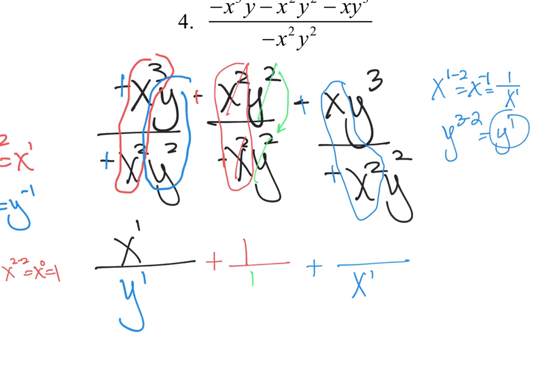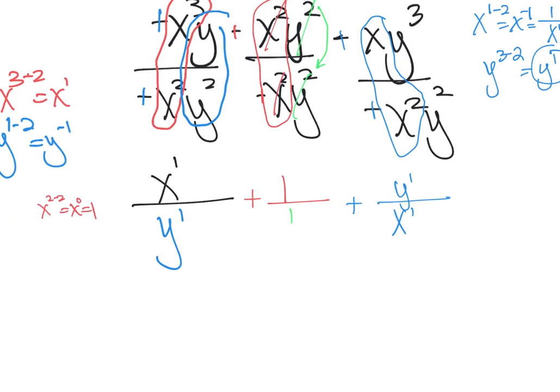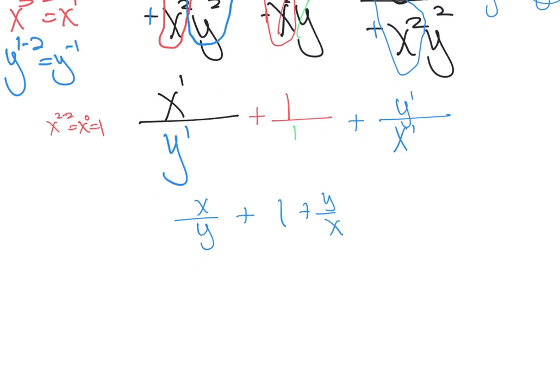It's positive, so it gets to remain in the numerator. So let's just kind of clean this up. X to the first over y plus 1 plus y over x. Now, sometimes you might see them put the variables first and always put the constant at the end. Either way should be just fine for you to enter in as an answer.